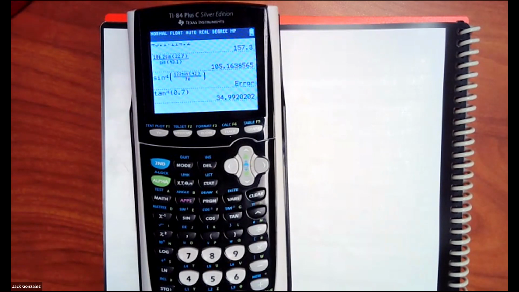So let's see here. Oop, I put 0.7. Oh, I'm in degrees. So this is a good question because notice none of the answers say degrees. So you should know. That is correct. I just did this one. I'm sorry, I forgot to study. Oh, you're good.